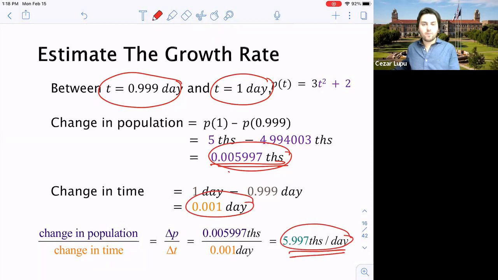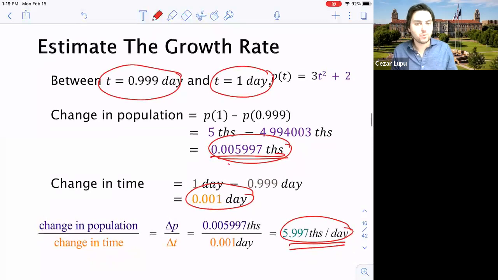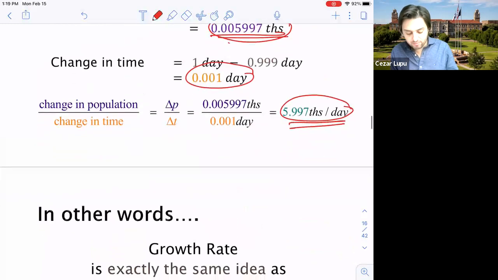Yes, you already said it's approaching 6. So in other words, we're just taking the limit as delta t approaches 0, and this will approach 6. But anyway, this is just intuitively how to play with this, right? Okay.